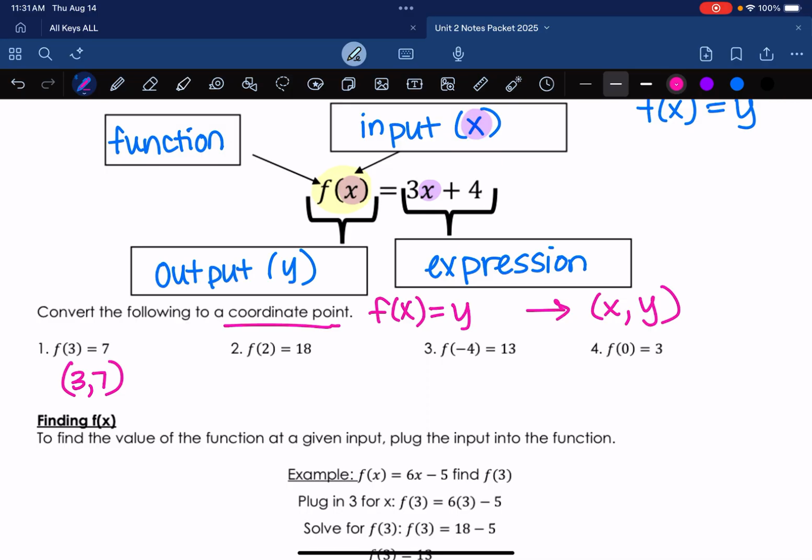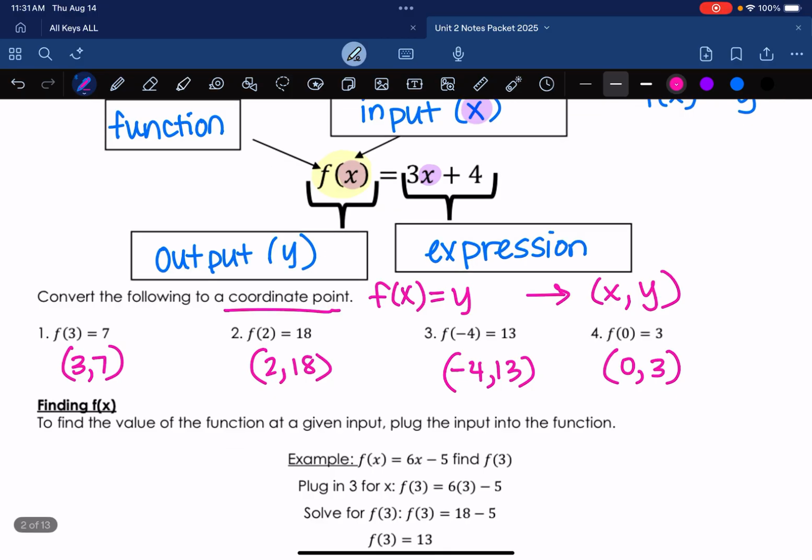If you input 3, you get out 7. So it's a little bit easier than it looks. If you input 2, you get out 18. That's the point 2 comma 18, and so on and so forth, because f of x is another way of saying y. It represents an entire output.